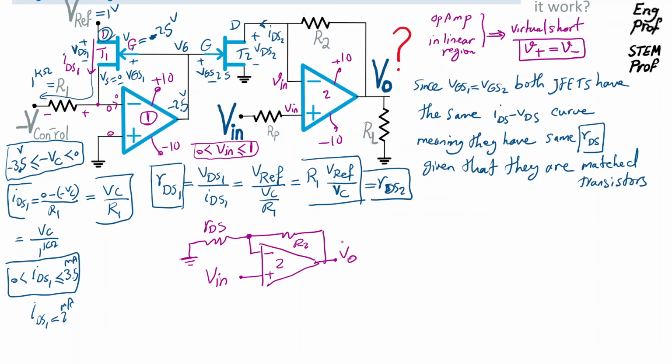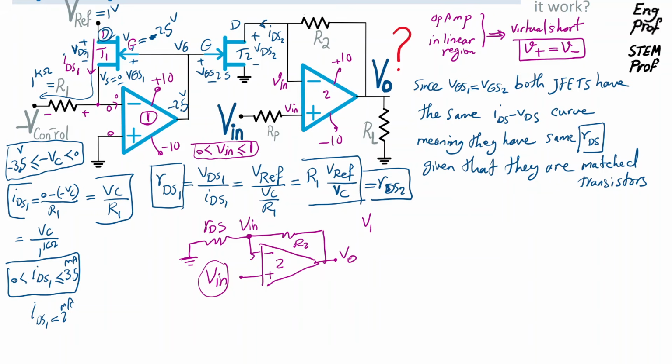The gain is well known. It's effectively quick to just write it, but I can also quickly show it using KCL at the inverting terminal. Vin is here because of the guaranteed virtual short. There is no current going into or coming out of the input, so whatever current flows through R2 continues through RDS, which means RDS and R2 are effectively in series, and the relationship between Vout and Vin here is just a voltage division.